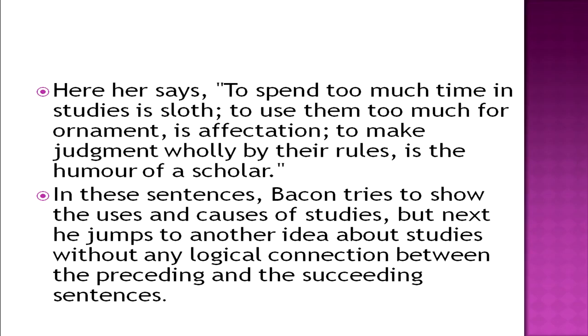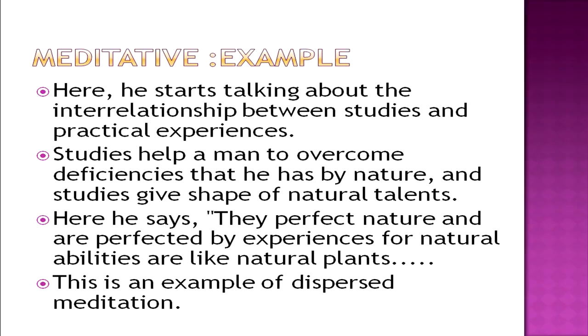In these sentences, Bacon tries to show the uses and causes of studies. But next, he jumps to another idea about studies without any logical connection between the preceding and the succeeding sentences. Here, in this essay, he starts talking about the interrelationship between studies and practical experiences.